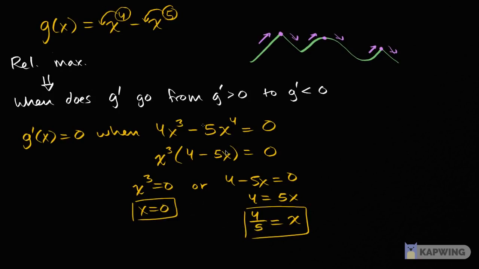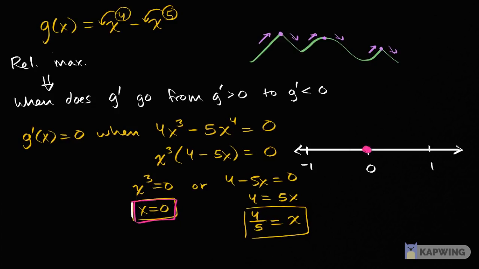And I'll draw a little number line here to help us visualize this. There we go, a little bit of a number line. And let's see, we care about 0 and we care about 4/5. So let's say this is -1, this is 0, this is 1. And so we have one critical point here at x equals 0.